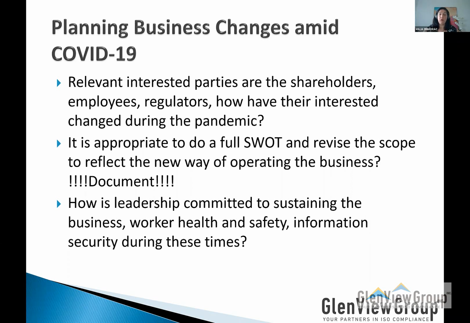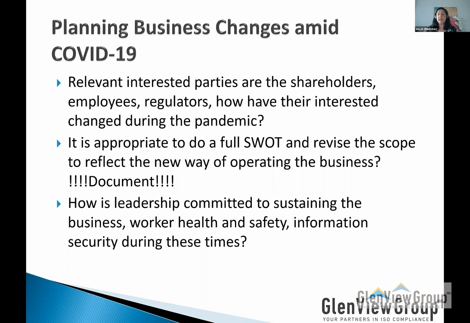And then, of course, nothing can happen without leadership, right? So we have to make sure to take a look at who is our leadership and what are they committed to in terms of sustaining the business, worker health and safety, as well as information security during this time. Right?